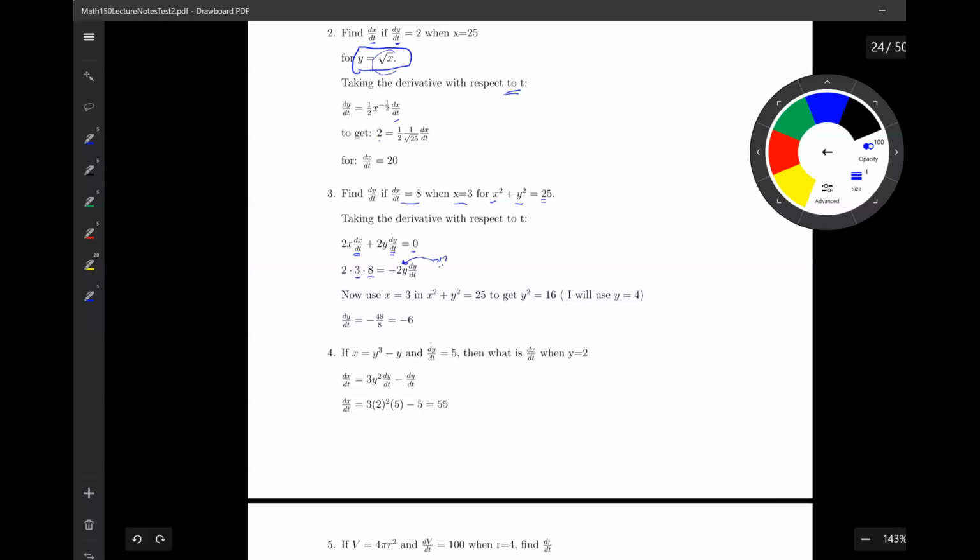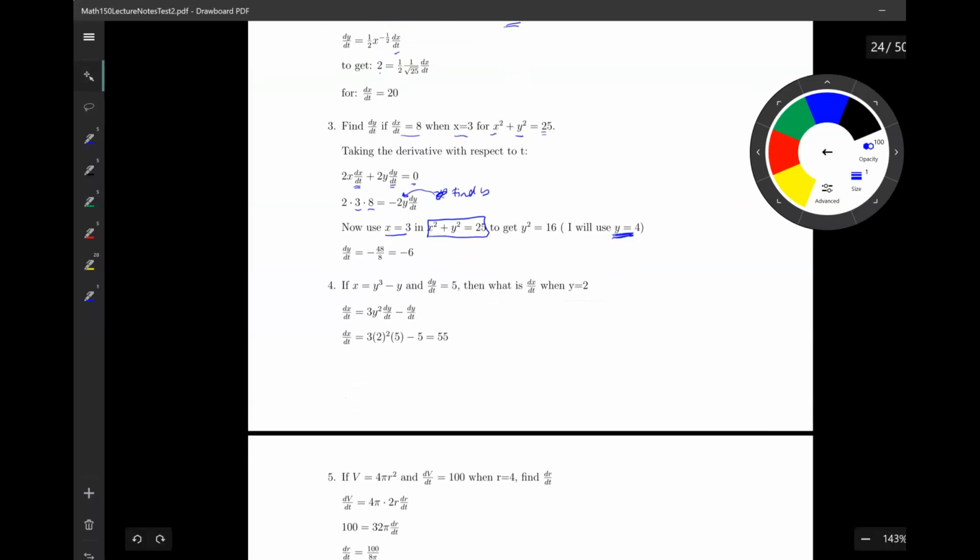They didn't give me any information on y. So what I need to do is find y, and how I'm going to do that is I'm going to use x equals 3 in my original equation, and I get y squared is equal to 4. You really do get a plus or minus, but I'm going to use y equal positive 4. I put that in, and I'll get dy over dt is negative 6.